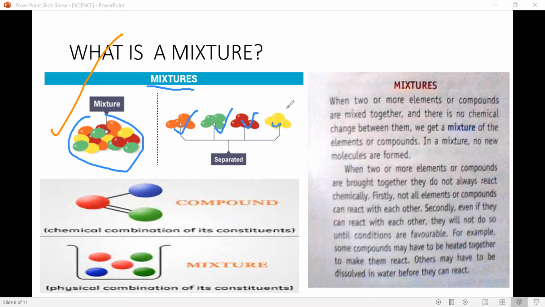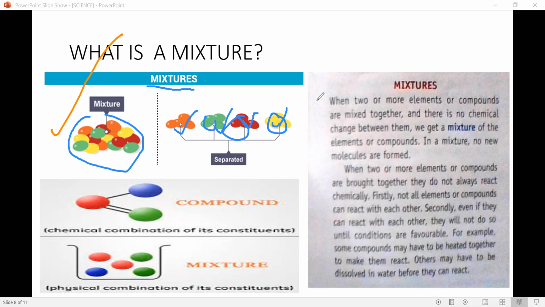So what you understand from this picture is that when we have separated elements, they are not a mixture. Or we can say when we have separated elements or compounds, and they have not chemically reacted with each other, they do not form a mixture. A mixture forms when two or more elements or compounds are brought together and at first do not react chemically.